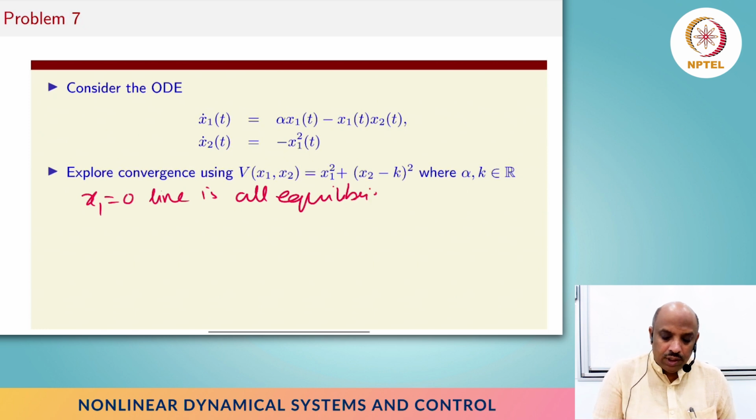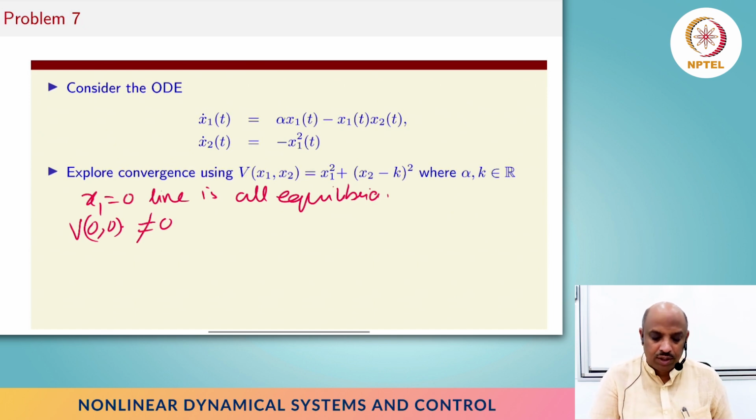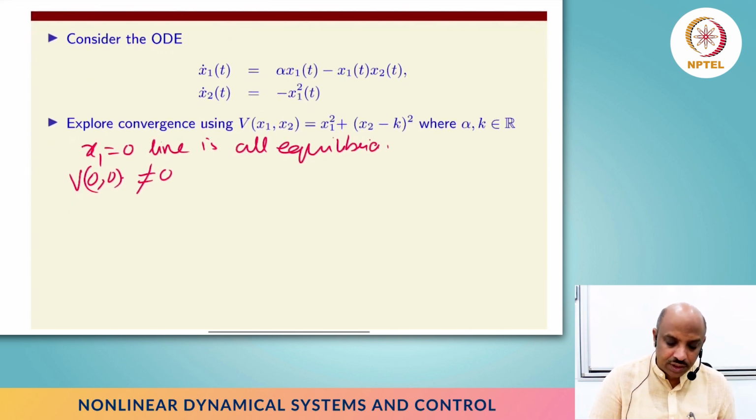And for this one, V of 0 is not 0. We don't know what k is for the time being. That's a parameter that I want to leave open and choose later. So V of 0 is not 0, so we are not going to show Lyapunov stability at this particular time. Perhaps it is, perhaps it's not.